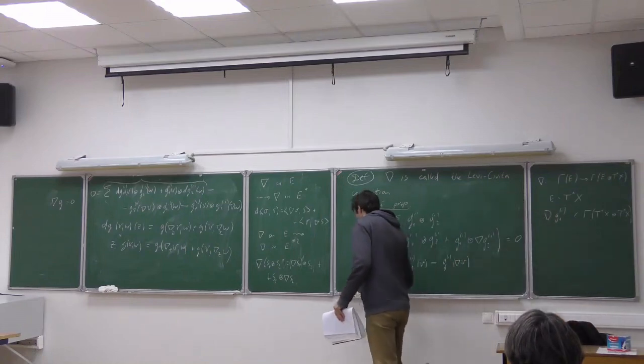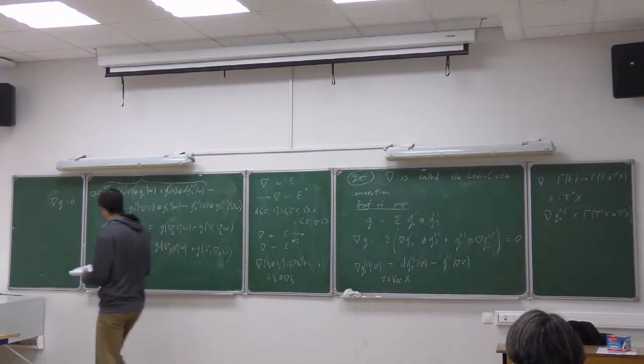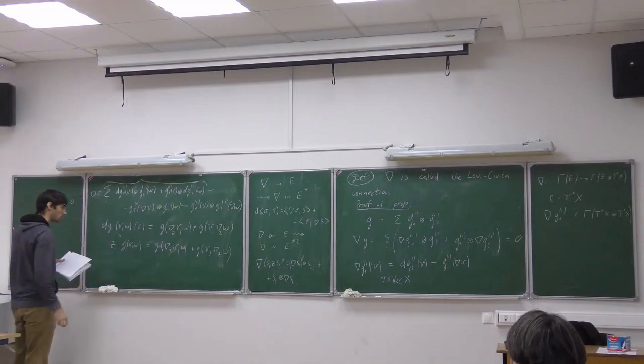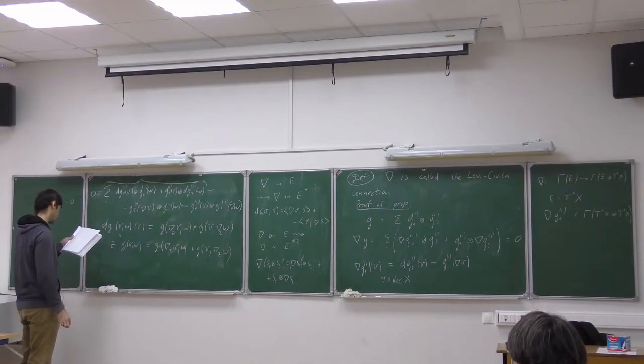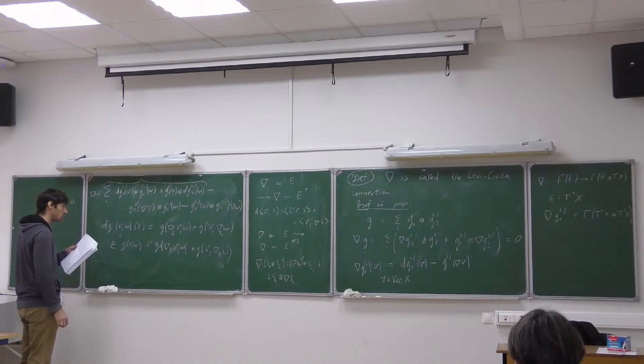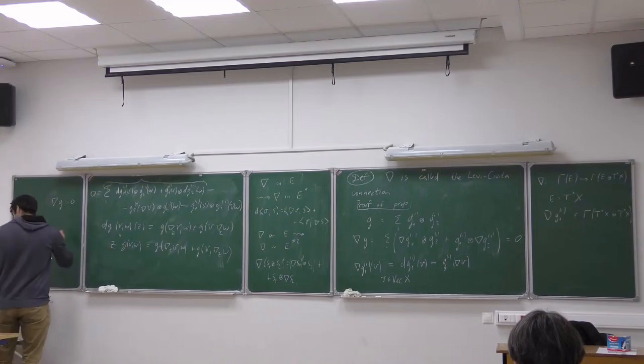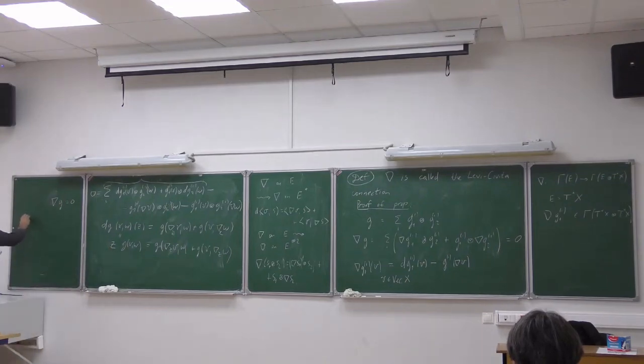Okay, so that's what we're working with, but then let me take the other condition, let me put it here, which was that nabla V W minus nabla W V is the commutator of vector fields.